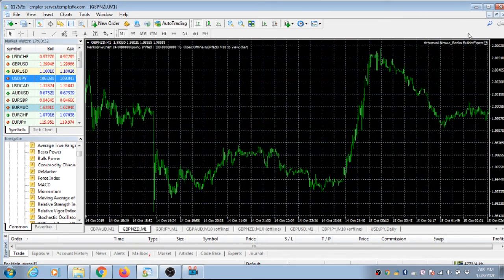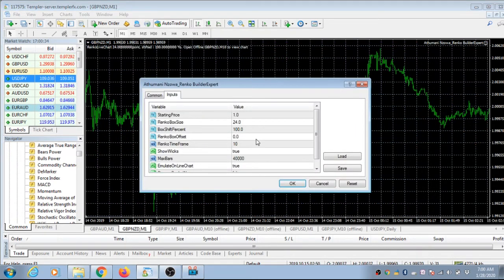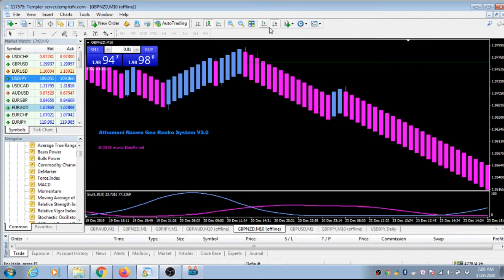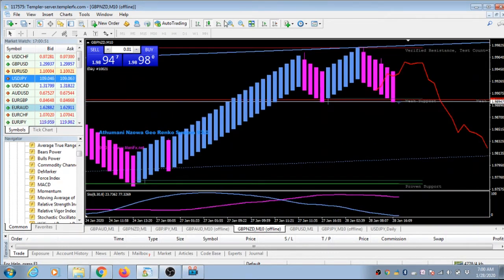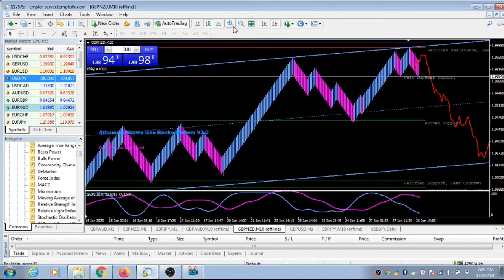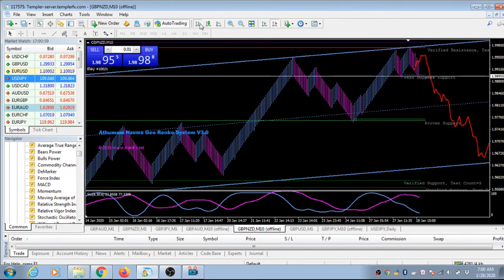So let me take it back to my geometric Renko. This one is shifted at 12.5. There we go. You can see how clean this one is.